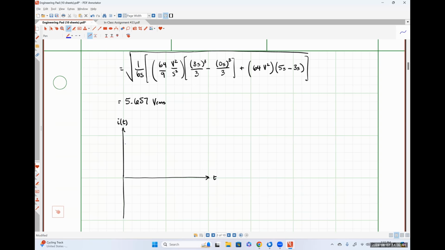So let's say that it is some value, let's call it V naught, for half its period, and then it cycles down to negative V naught for the other half of its period, and just repeats itself over and over and over again. So this is typically what we would call a square wave.